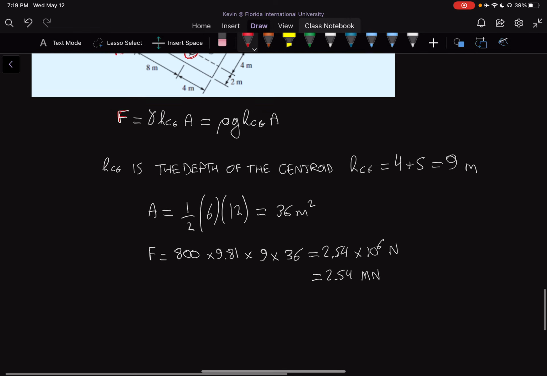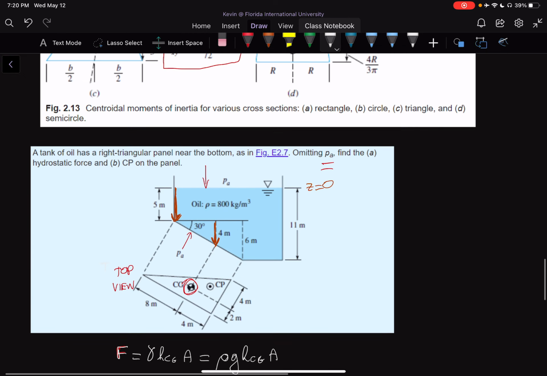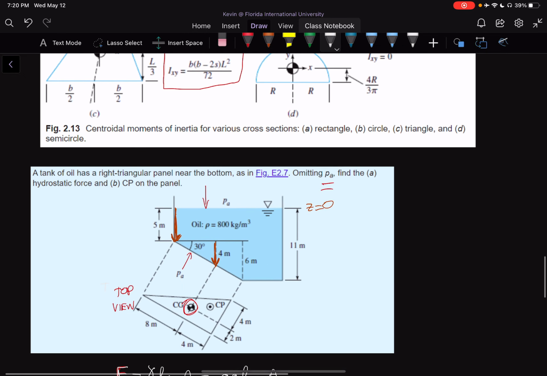And so IXX is equal to base times length cubed divided by 36. So it's the base of the triangle times the length of the triangle cubed divided by 36. So we're going to take the base of the triangle to be this here. So this is going to be B, and this is going to be the length.